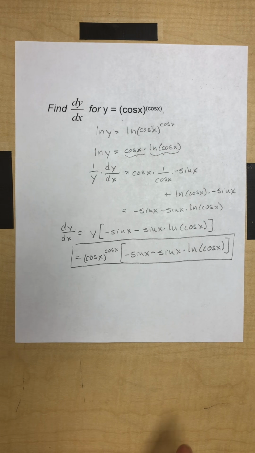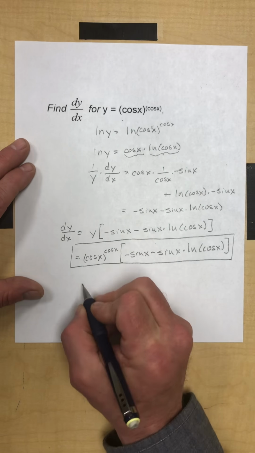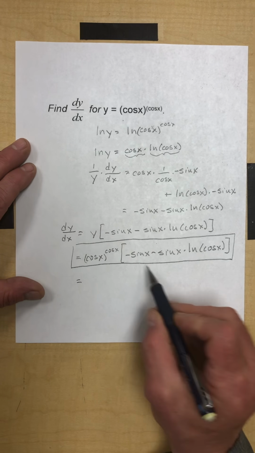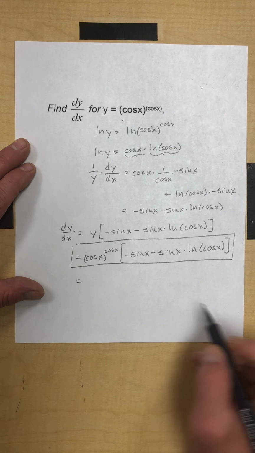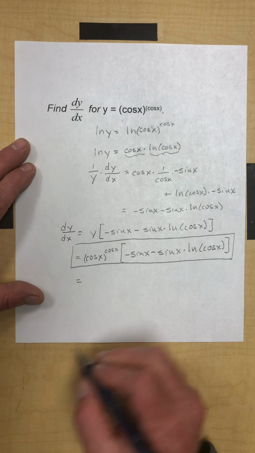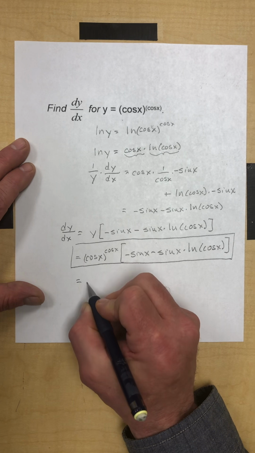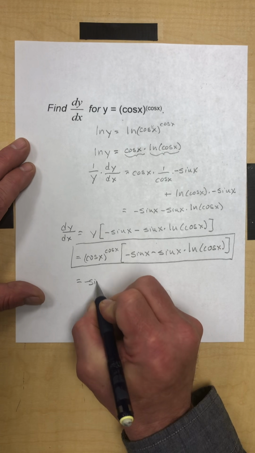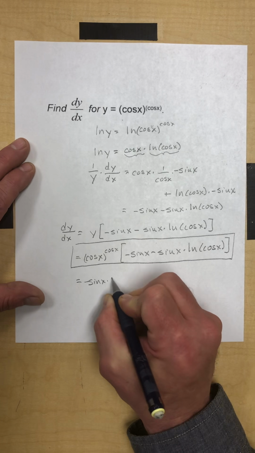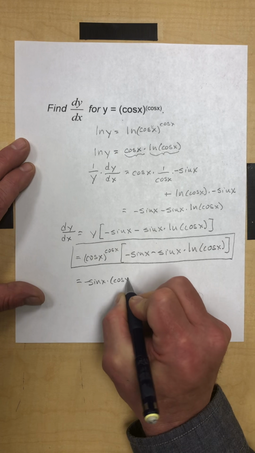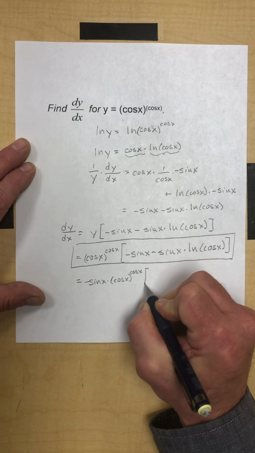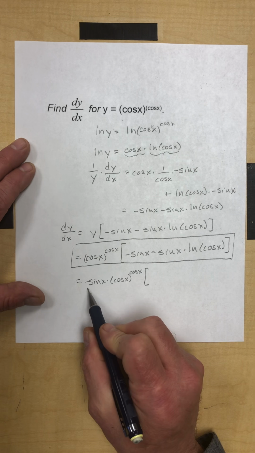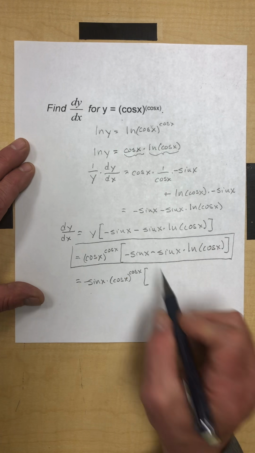I'd say about the only thing we could do here that I'm looking at is how about we factor out the opposite of the sine of x from both of these terms and put it out front. So we could say, different form, the opposite of the sine of x times cosine of x to the power of cosine of x times the quantity of, well, I factored out a negative sign, so remember these signs will change here.